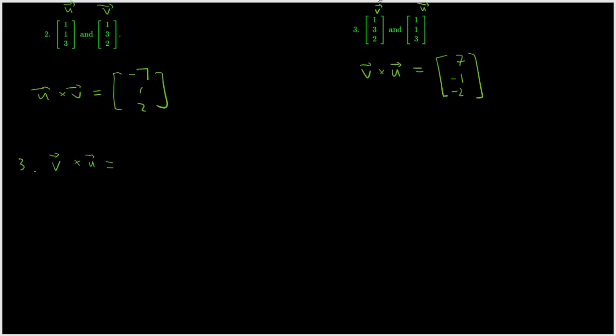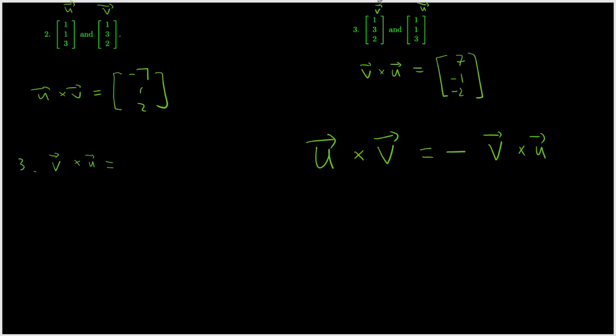Now listen to me carefully. It's not accidentally true. I told you earlier, cross product is not commutative, but there's a relation between u cross v and v cross u. In general, the following property is true. For any 2 vectors in R3, it's not commutative. But if you reverse the order of the 2 vectors v and u, they differ by a negative sign.